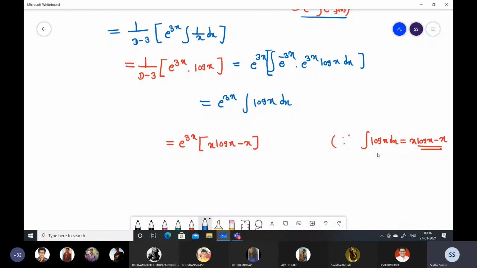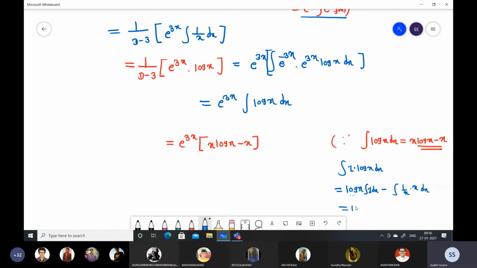Here I can write integration of 1 into log x dx, and now I'll take u as log x and v as 1. So according to the by-parts rule, log x as it is, integration of 1 dx, minus integration of the derivative of log x, which is 1 by x, into this integral, which will be x dx.